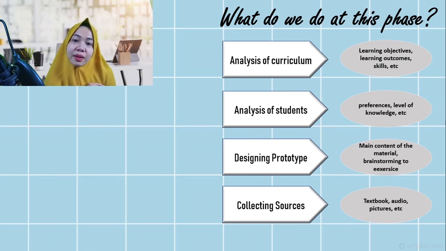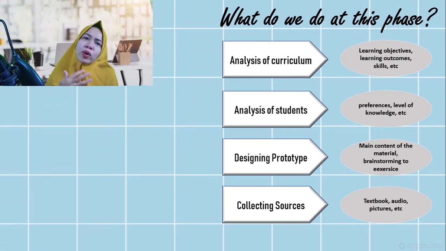The next stage is the analysis of students. This is actually a really important phase of material development. So what kind of analysis can you do? It can be done by observations. It can also be done by tests.